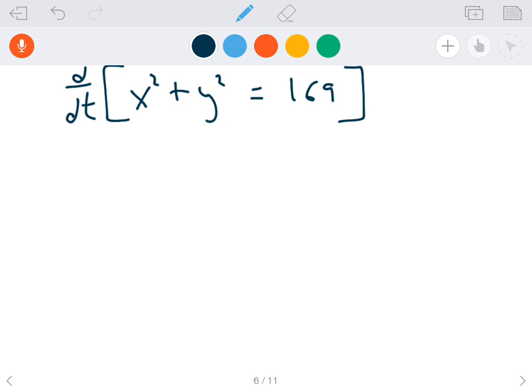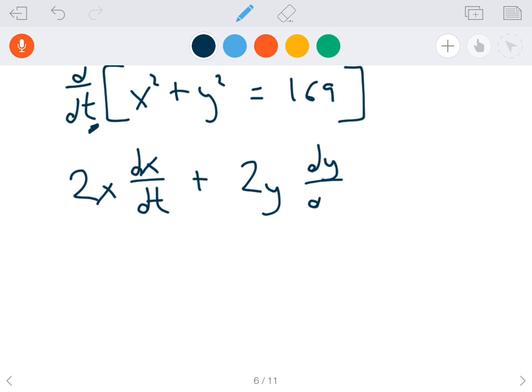The derivative of x squared is 2x dx dt, because x doesn't match t, plus the derivative of y squared is 2y. y doesn't match t, so 2y dy dt, equals the derivative of a constant, which is 0. It's a pretty good looking equation.